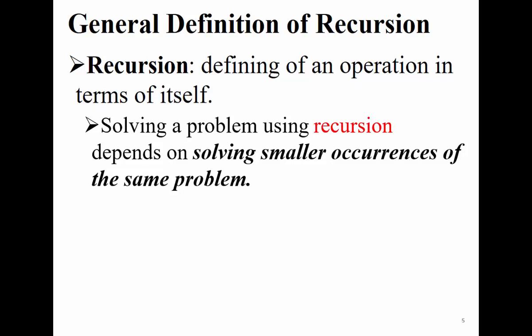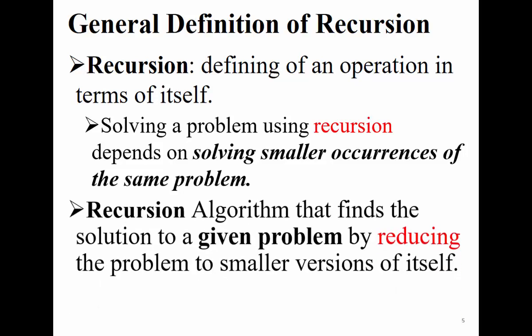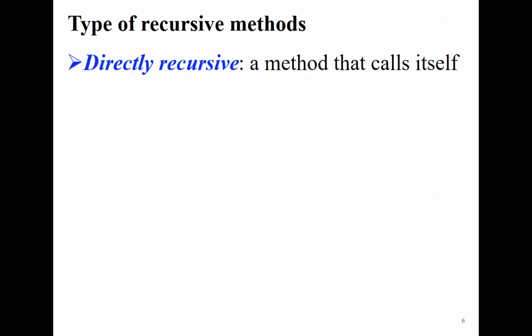If you are able to solve the small version of the problem, you can solve the big version of the problem. Recursive algorithms find the solution of any given problem by reducing the problem to a smaller version of itself. So we're not changing the problem. We are taking the big problem, reducing it to a small version of the problem, and finding the solution for that.